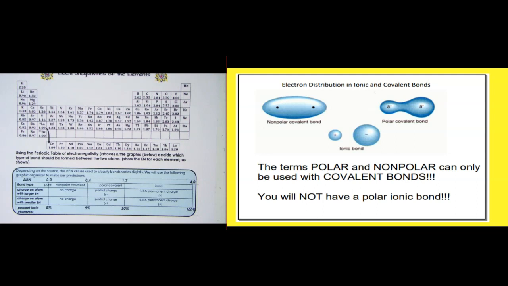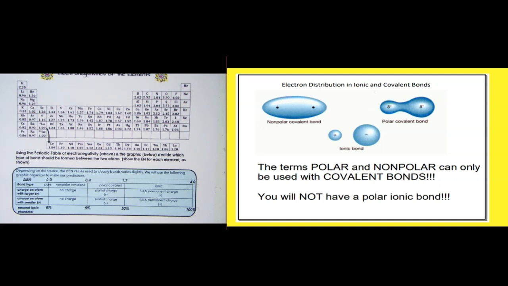If you look at polar covalent, you'll see that the distribution is kind of leaning to the right, and that would be the element that has the larger electronegativity, and the one on the left would be the one that has the lower. And so it becomes slightly positive, looks like it's lost electrons, and the one on the right looks like it has gained electrons.